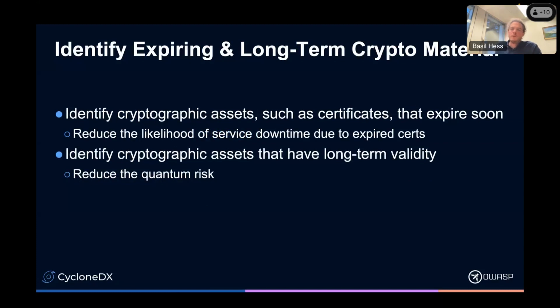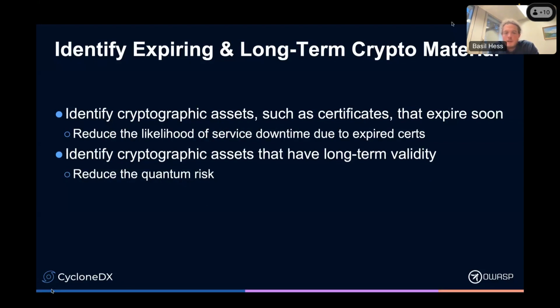So far we talked a lot about cryptographic algorithms, but there is also something we call crypto material, maybe most prominently certificates, right? Certificates can pose a certain risk. For example, certificates that are expiring soon may cause system downtime if this is not noticed.